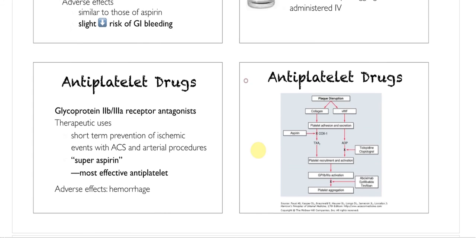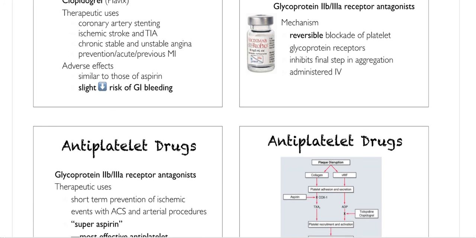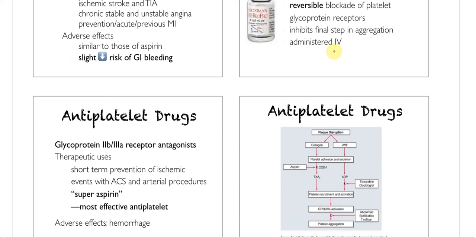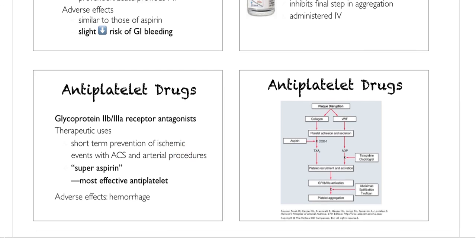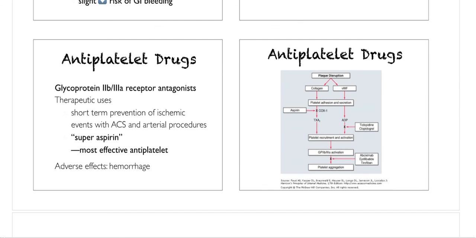The big thing to remember about them is that they are reversible in their blockade of platelet receptors. They are given IV, and they are the super aspirin used for short-term prevention with emergent situations or arterial procedures.